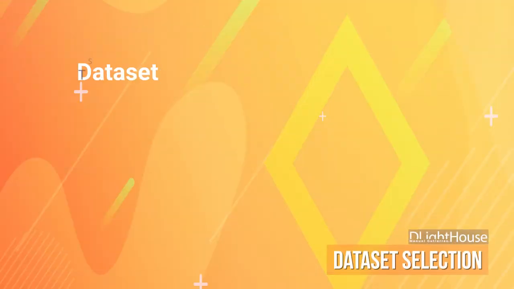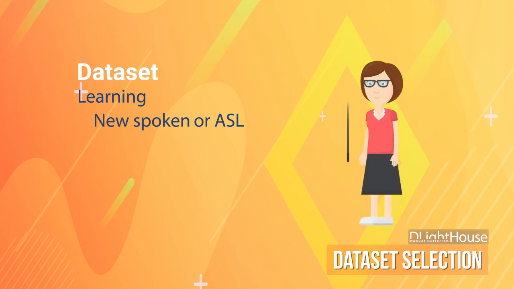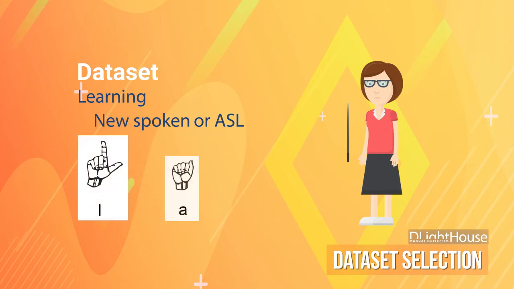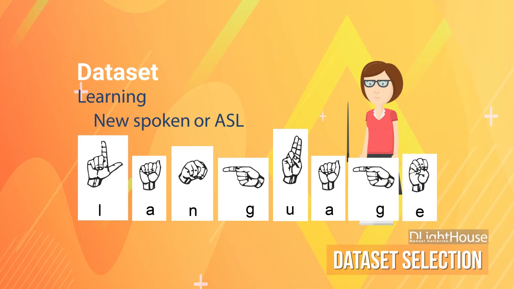Typically, when we are learning something new, like a new spoken language or ASL, a teacher prepares the learning materials. In this case, a bunch of signs and labels to teach us in a format that is easy for us to understand.